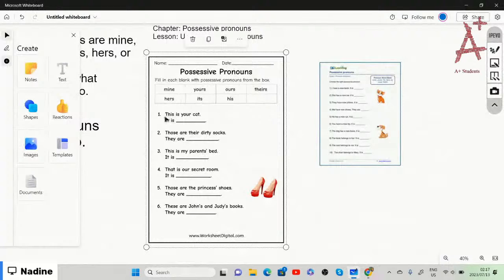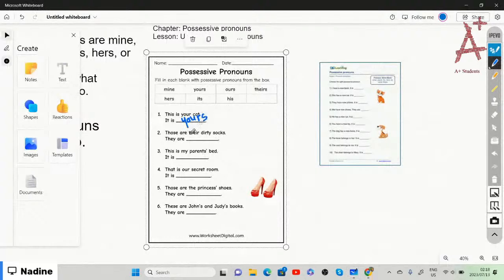The first one says, this is your cat. So if this is your cat, then is it mine, yours, ours, theirs, hers, its, or his? If this is your cat, then we can say it is yours.